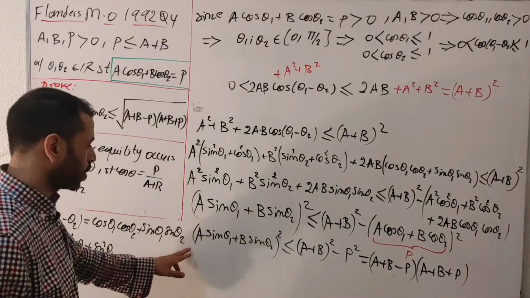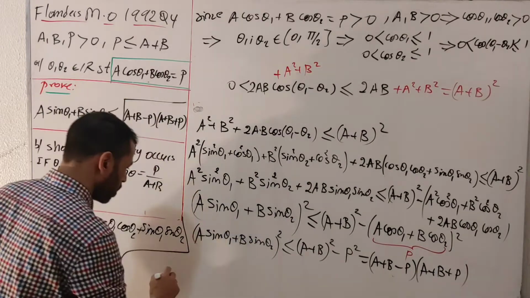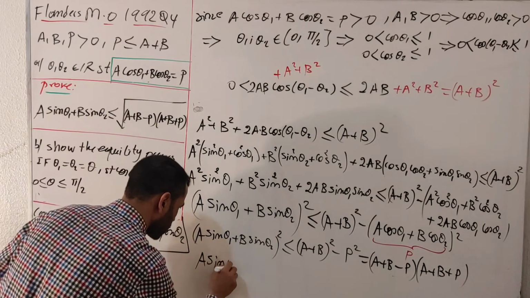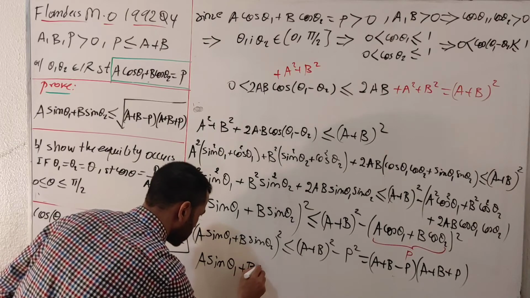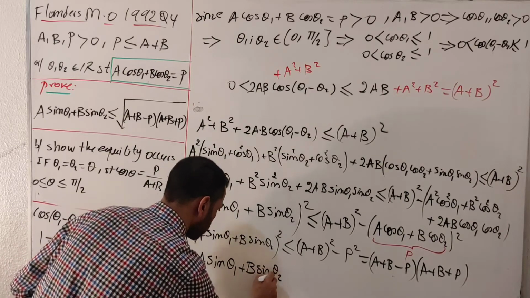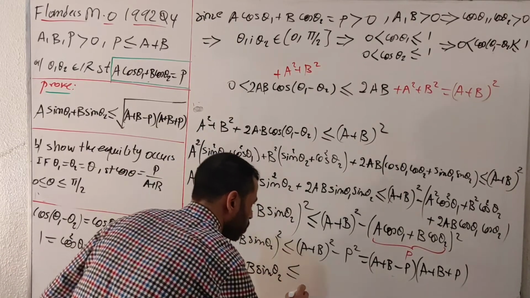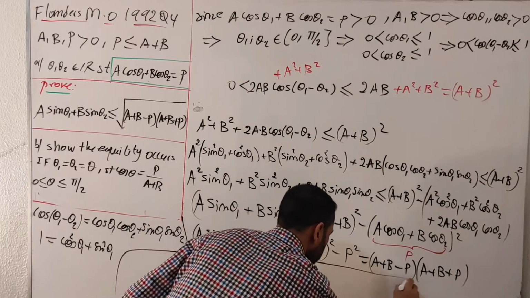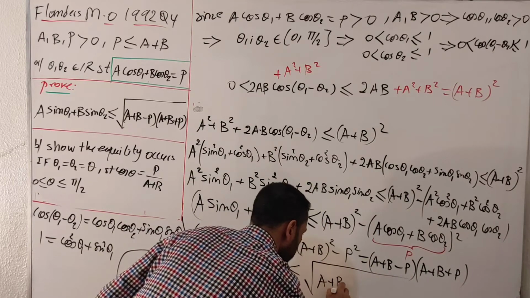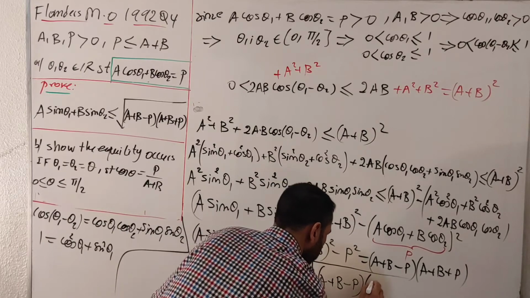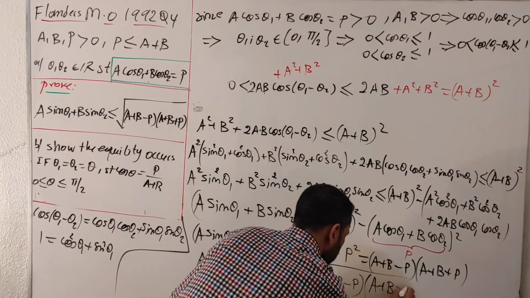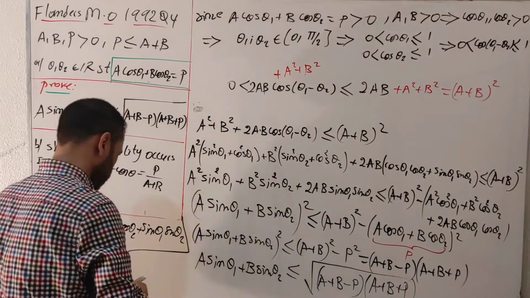Now I'm going to apply the square root on both sides. I will have capital A multiplied by sine theta 1 plus capital B multiplied by sine theta 2 is inferior or equal to the square root of capital A plus capital B minus P factor capital A plus capital B plus P, okay?